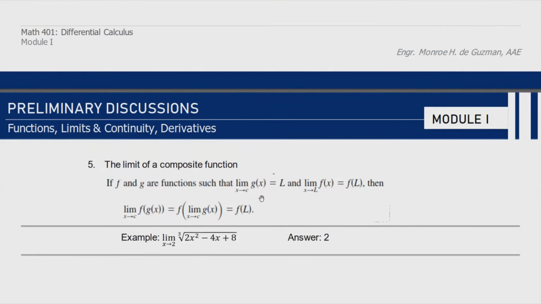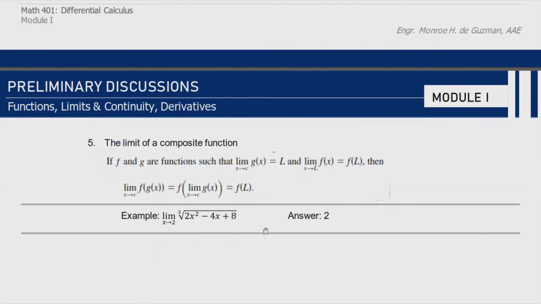Now I will give you an example for this, but before that, let's just evaluate this first. This is an example for number 4. So what we need to do here is just simply substitute the value of 2 here. So that's how it goes for that. That's very simple. So we could get something like the cube root of 2 times 2 squared minus 4 times 2 plus 8.